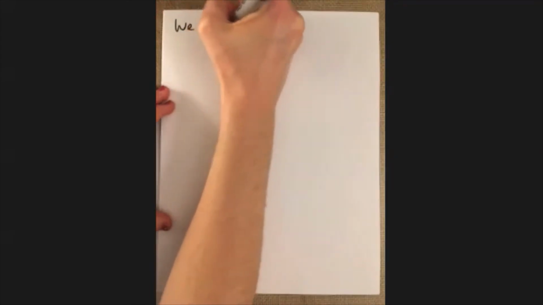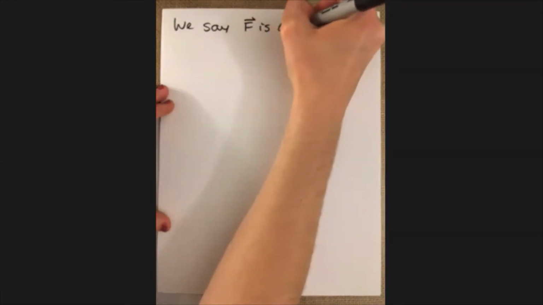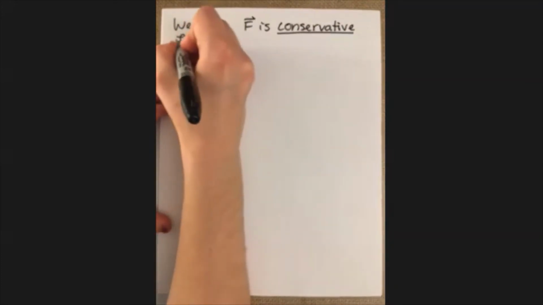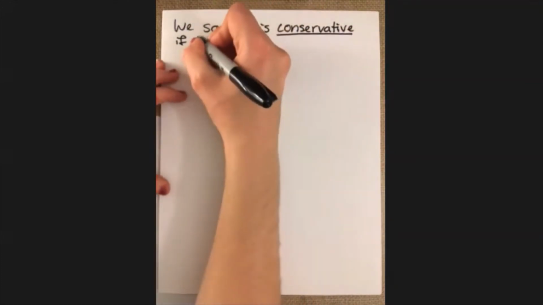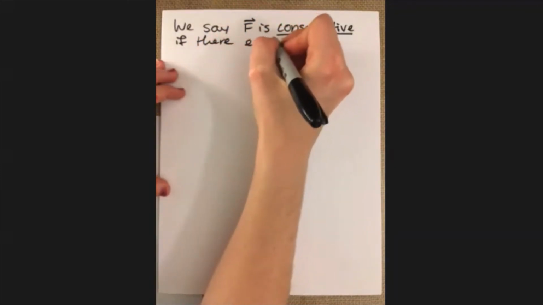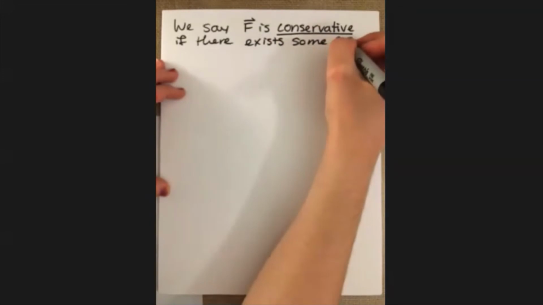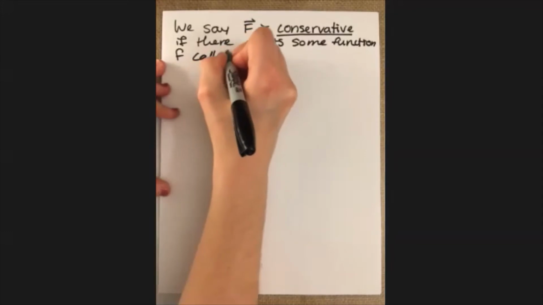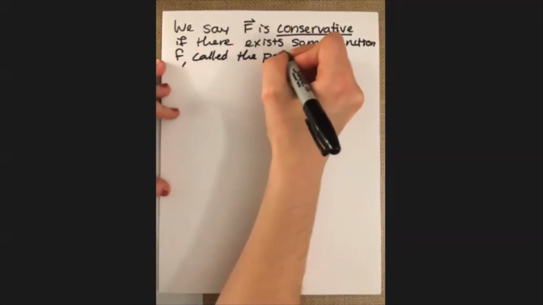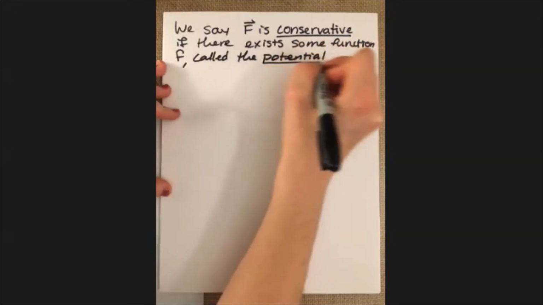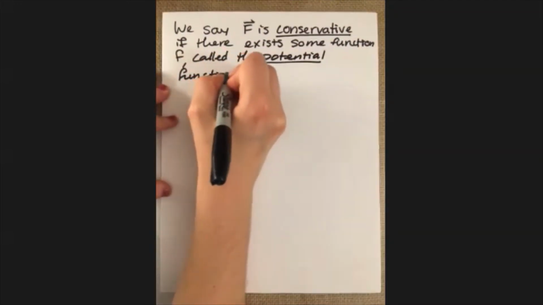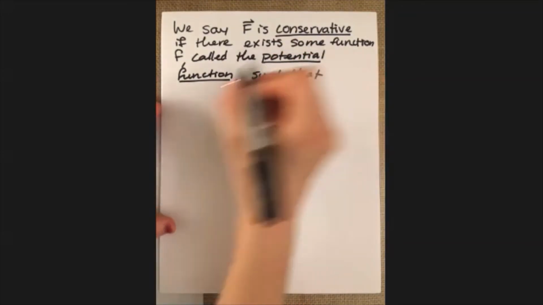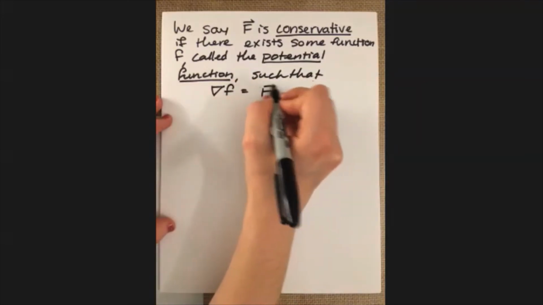We say that f is a conservative vector field if, and this is one of the really nice things about these, there exists some function f, called the potential function, such that the gradient of f is what produced our vector field.